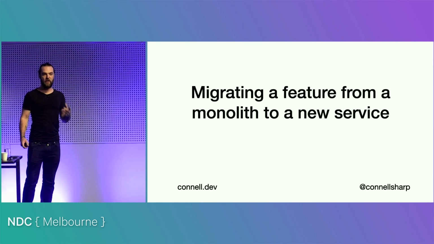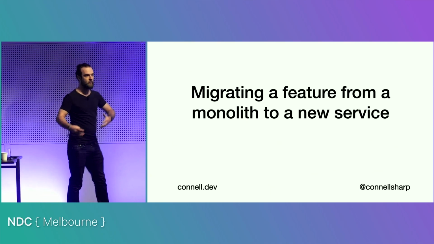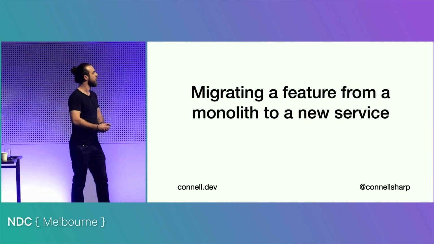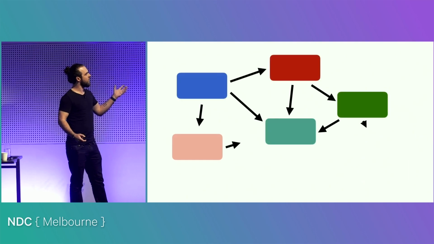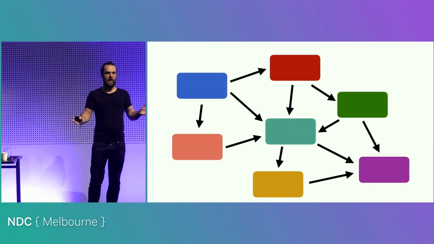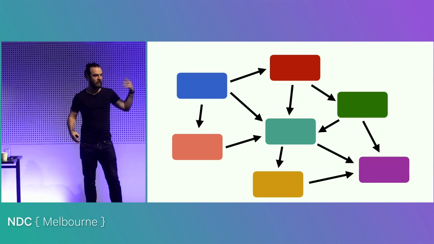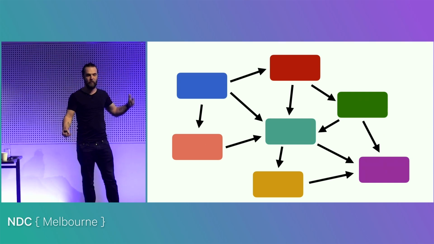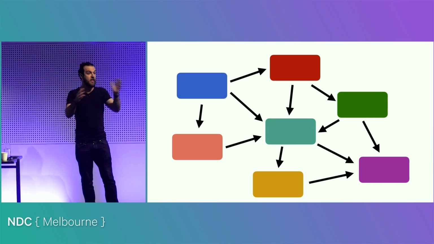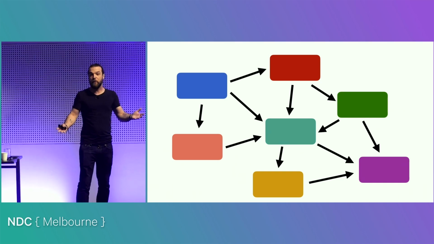When you're thinking of a monolith, hopefully maybe you work in a monolith and that's why you've come to this talk, you probably think of something a bit like this. I like to make everything about boxes and arrows, but with a monolith you've probably got hundreds of these. This is representational. You've probably got arrows flying everywhere and they're crossing over each other, and it's a big ball of mud.